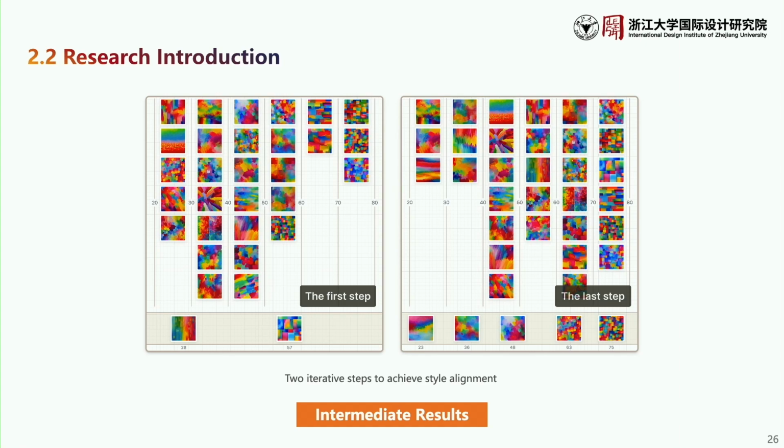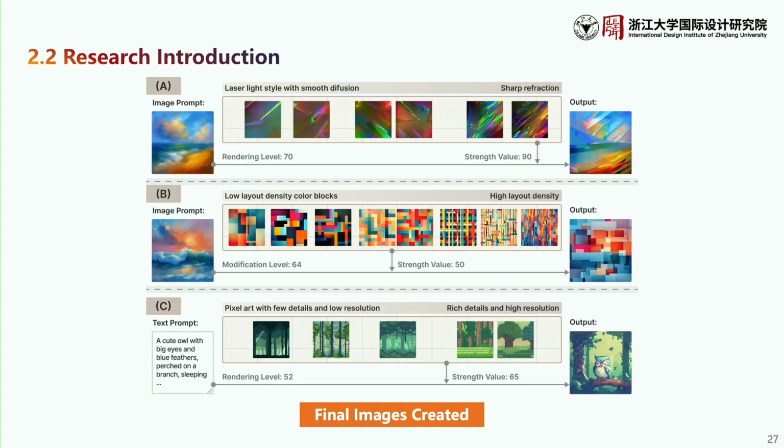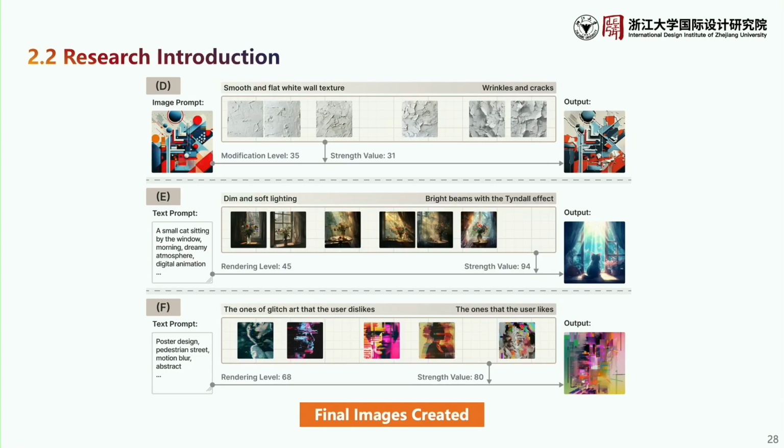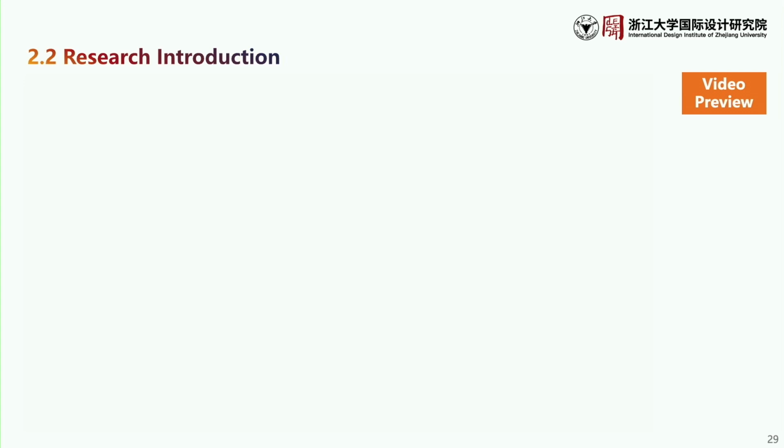Between these two images, the users interactively sort. And here are the results. So how can we use this strength axis to generate images which match my desired style? Here's another result. Let's have a quick overview of this work.